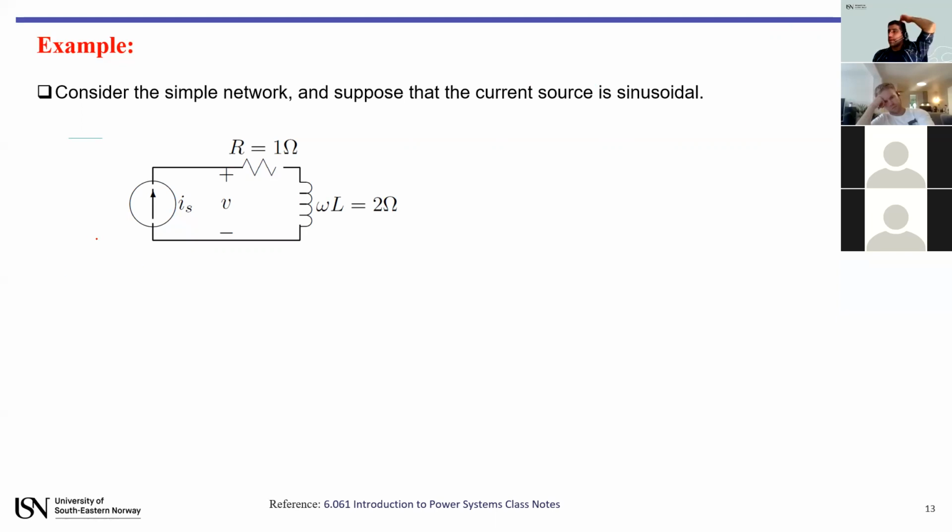So for example, here you have a current source, a resistor, and an inductor. The question gave us omega L is 2 ohm. Suppose that the current source is a sinusoidal function of time. You can write it in this way.